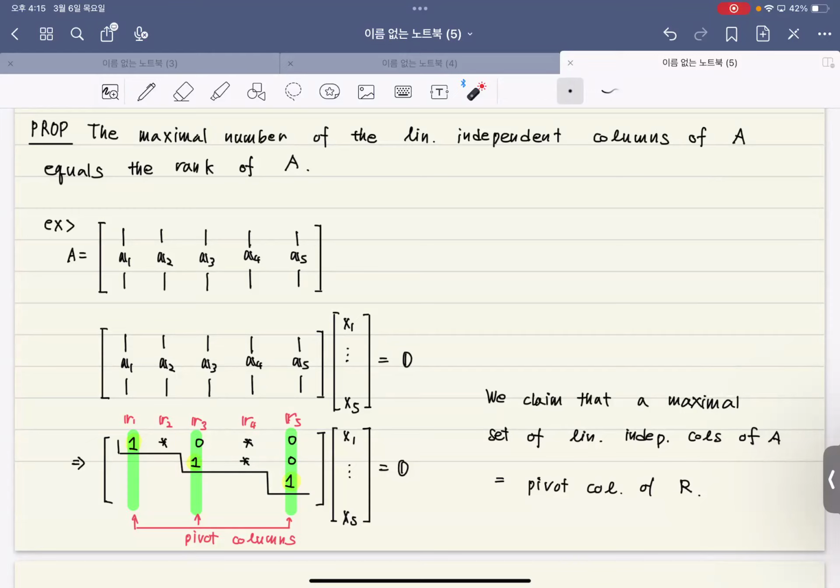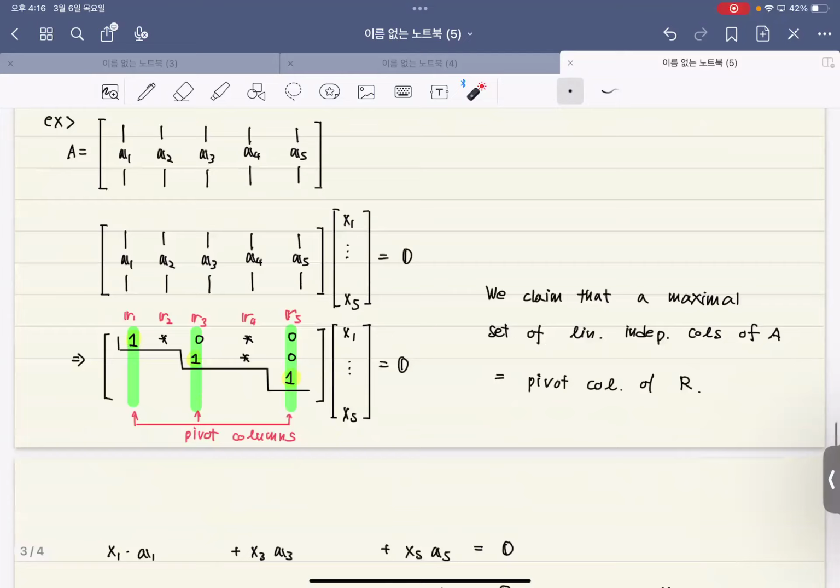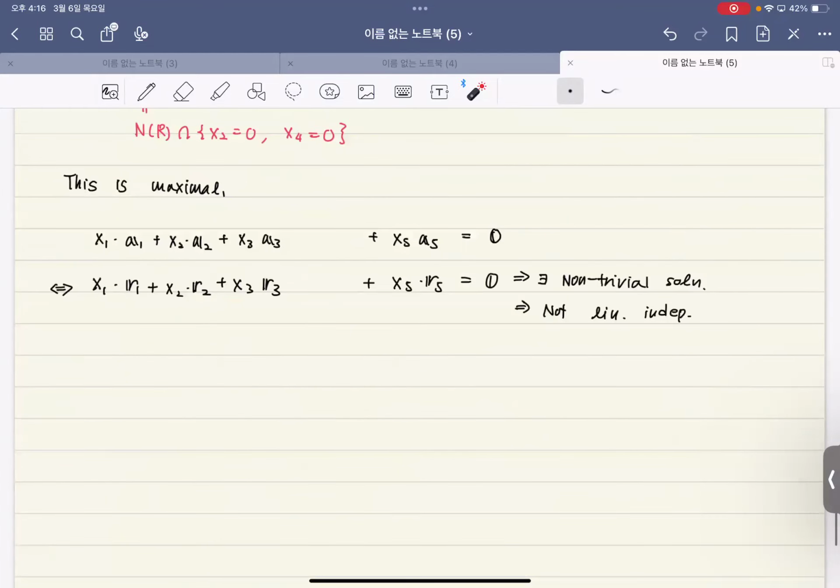Suppose you want to pick linearly independent columns of matrix A. You will need to compute the echelon matrix of the given matrix. Then the locations of the pivot columns are the locations of the independent columns of the original matrix.